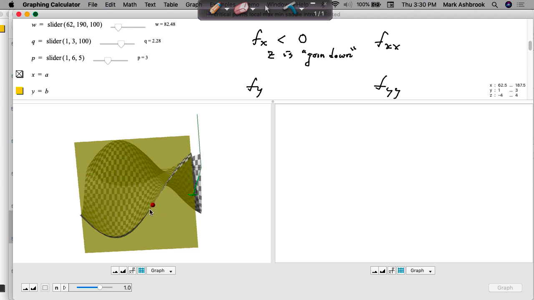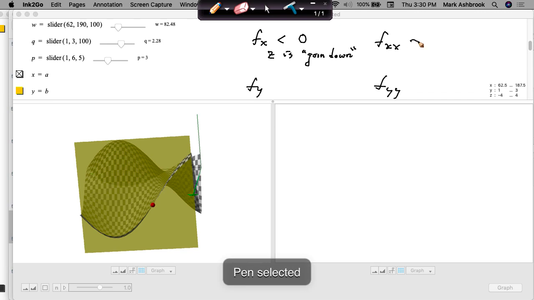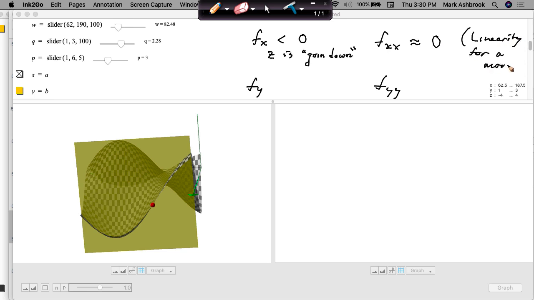For a moment there, the rate is not changing, or you have linearity, right? If you have linearity, the rate's not changing. You're staying at the same rate. So like linearity for a moment. It's called an inflection point.